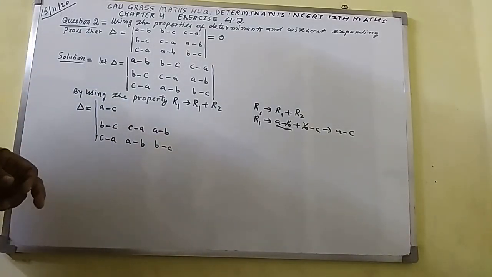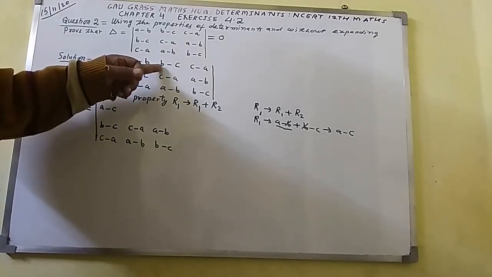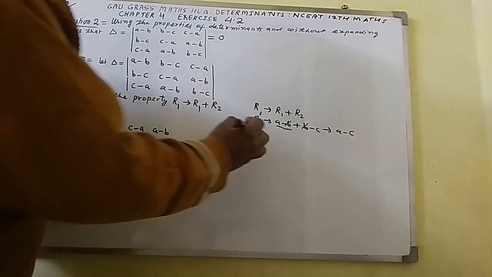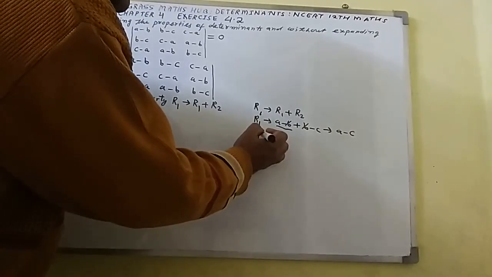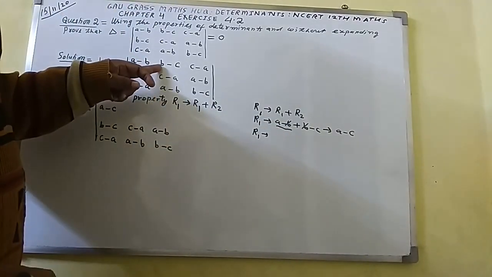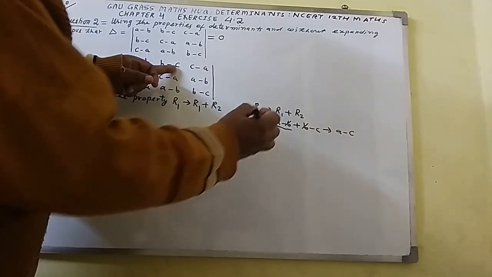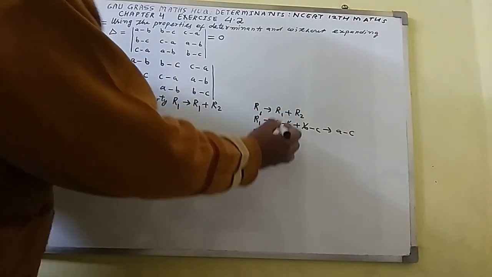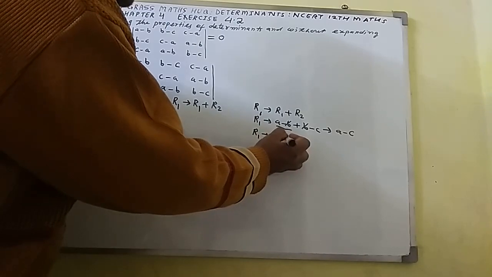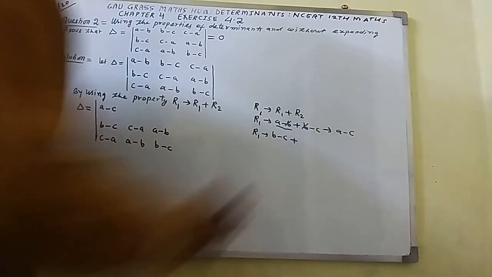Now I shall take this element B minus C. So here I shall write R1 goes to, if I take this element B minus C, in place of R1 I shall write B minus C. Plus is there, write here plus.